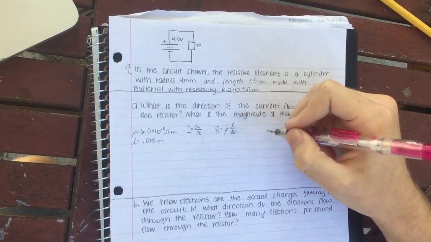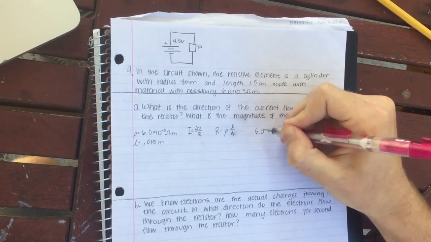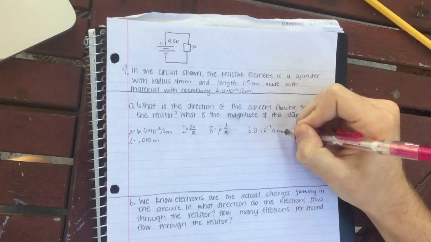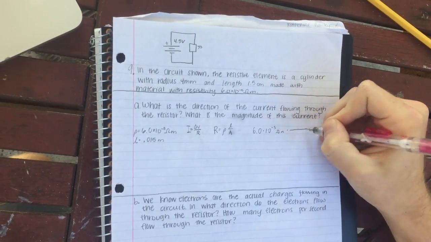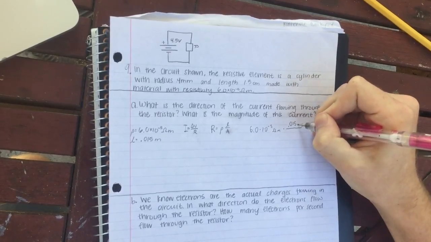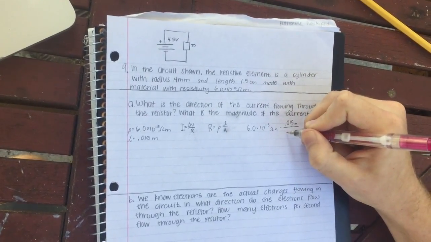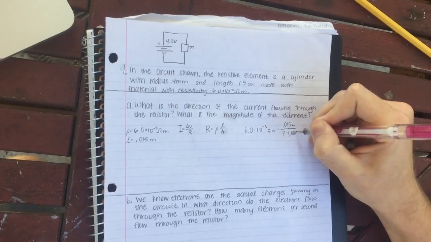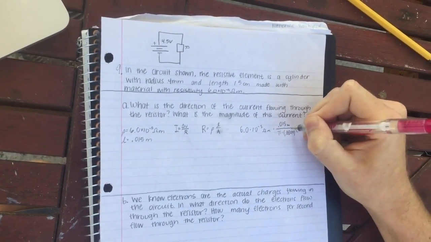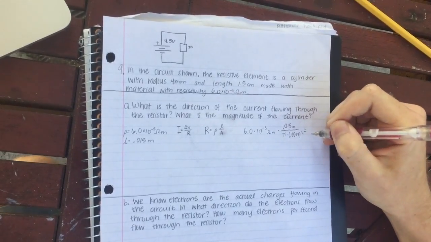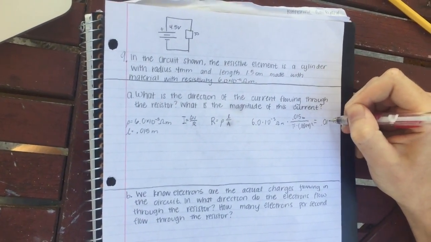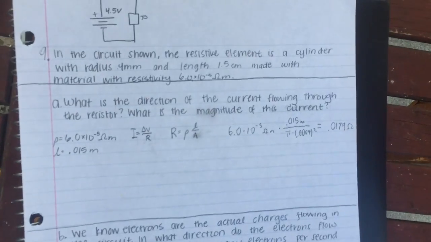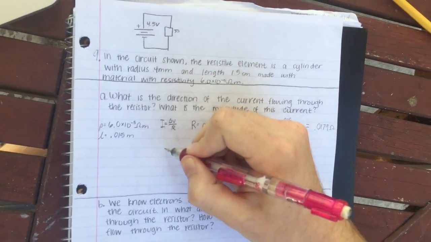So if we plug in the numbers, that would be 6 times 10 to the negative 5 ohm meters times 0.015 meters divided by pi times 0.0004 squared. And this will get you 0.0179 ohms.